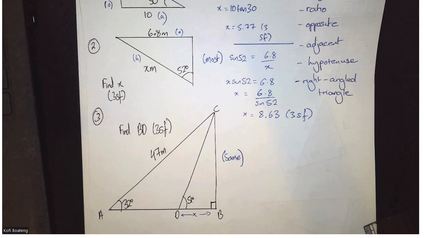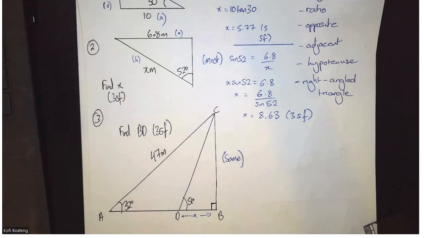In order to do this, it would probably help if I had a little bit more information. So what I can do first is find C to B, and with that information, I can use that to find CDB.